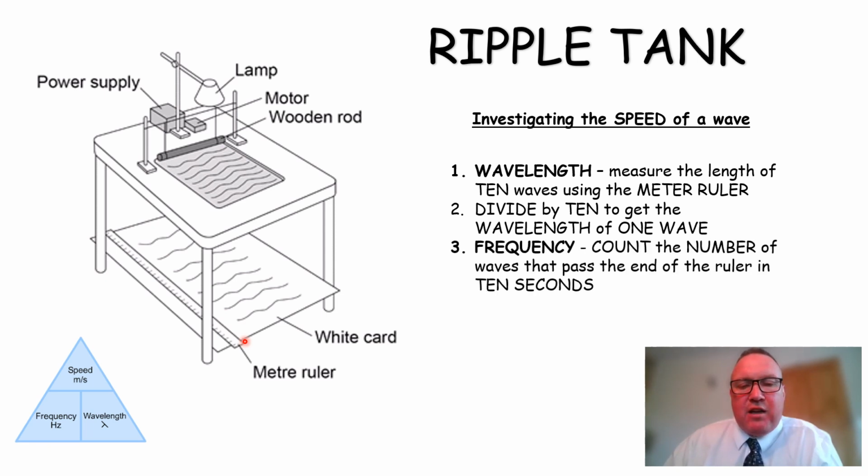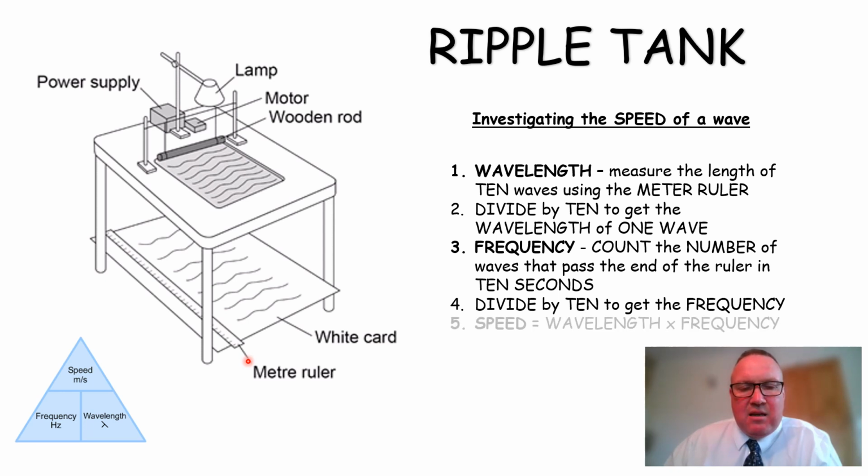To measure the frequency of the waves, we count the number of waves that go past the end of the ruler in 10 seconds. Then we divide that by 10 to get the frequency. To work out the speed of the wave, we multiply the wavelength by the frequency.